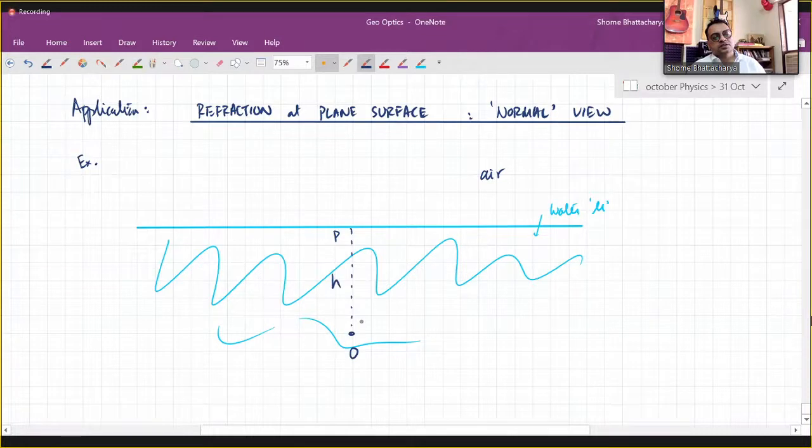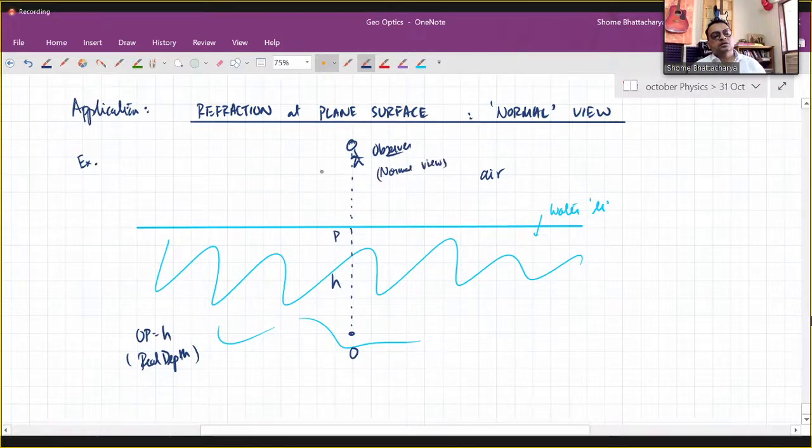The distance OP is the real depth. Let's also say that there is an observer who is viewing this from above. That's what we mean by normal view. The observer is having the normal view, that means he lies along the normal.